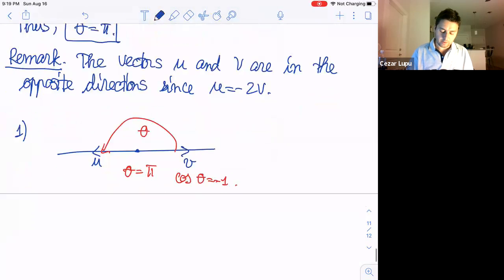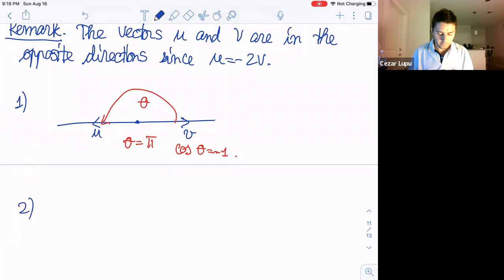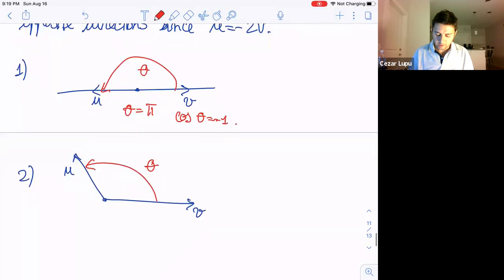Now let's see the second situation. Let's say that we have vectors like this. This is u, this is v, and this is the angle theta. Let's say in this case, theta is between pi over 2 and pi. So it's obtuse.